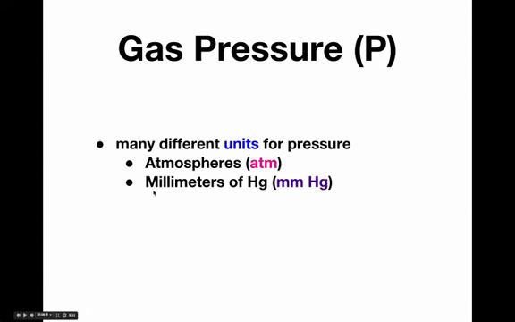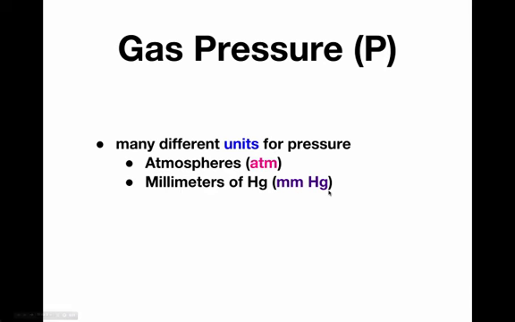There's another unit which is often used with barometers and in weather prediction. It's called millimeters of mercury. I think it's too involved to go into explaining why it's called this, but it's just a different unit for describing the pressure of a gas. Hg is the symbol for mercury, so the abbreviation is mm for millimeters and Hg for mercury.